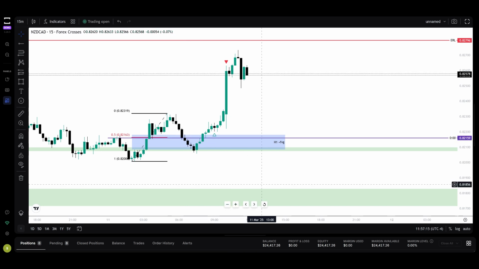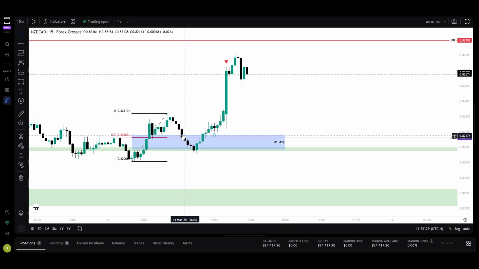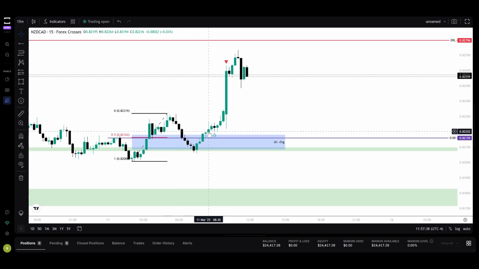So a good indication that price wants to deliver to either buy side or sell side liquidity. In this case, buy side is when we have a sell side inefficiency. So a sell side imbalance, buy side inefficiency, which gets priced over. Okay, so price closes over that inefficiency.